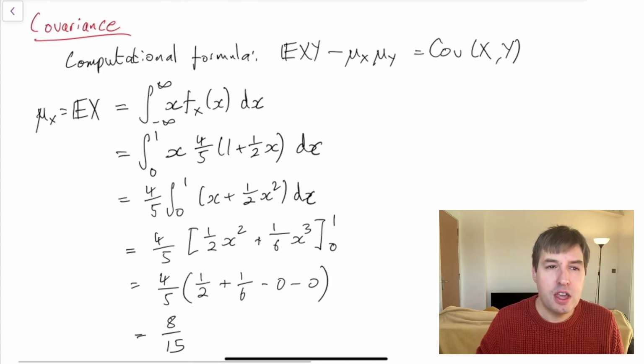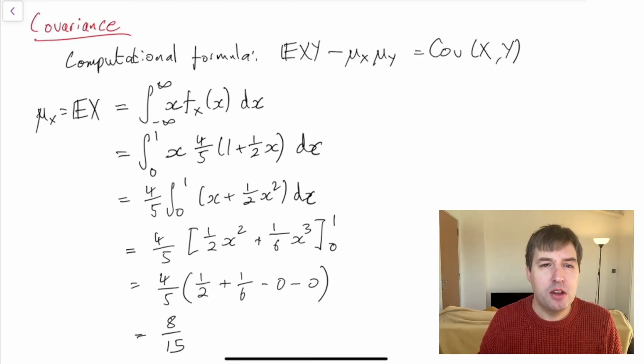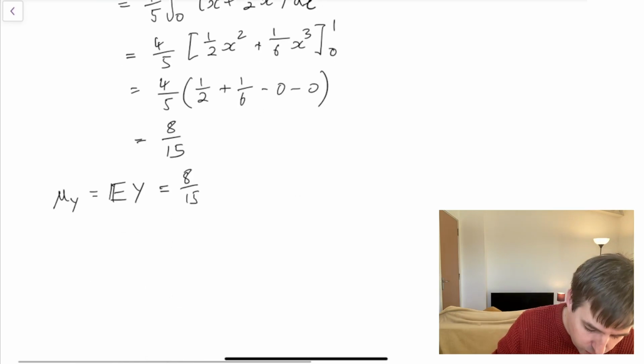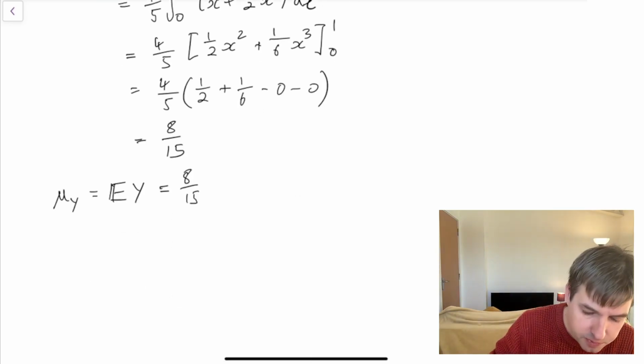So to finish off the formula for the covariance, we also need the expected value of xy, which is a little bit trickier.